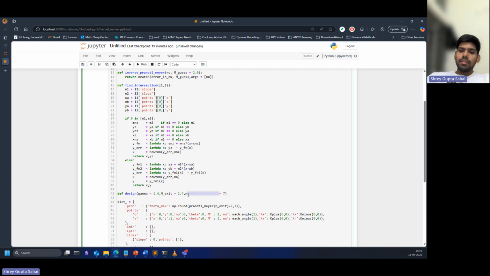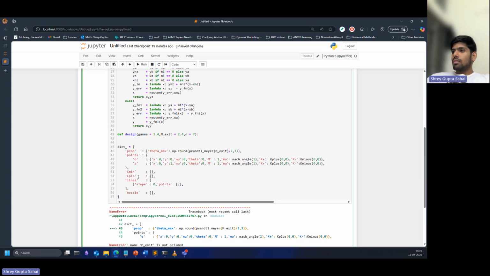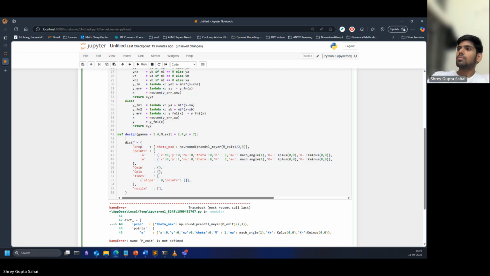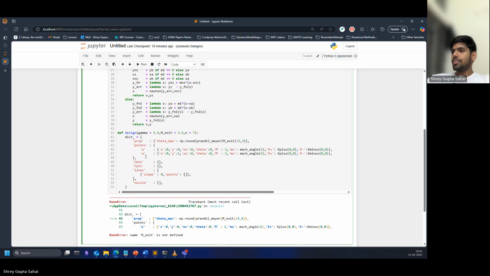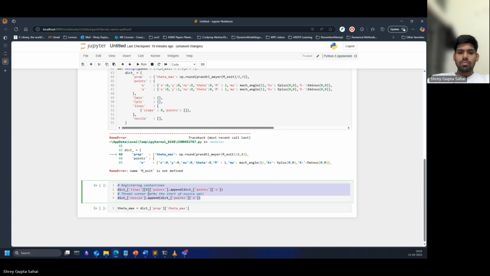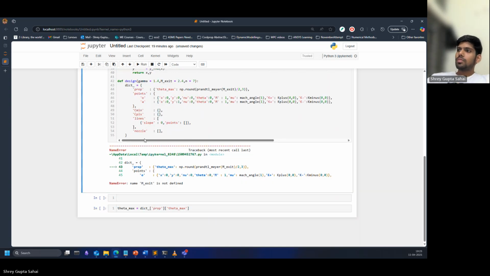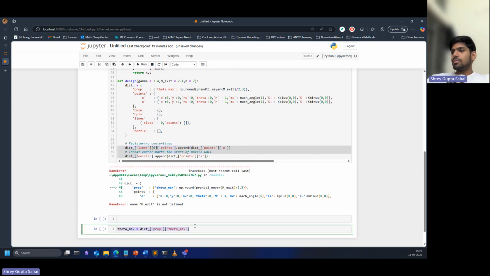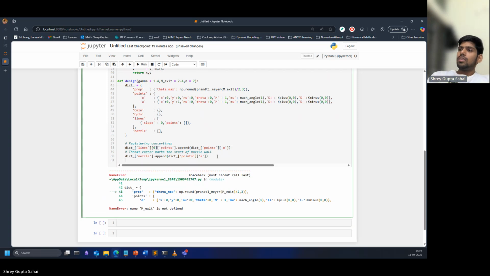I'm designing a function, so it will need these values. So these are the first steps to it. The next step is finding theta max.